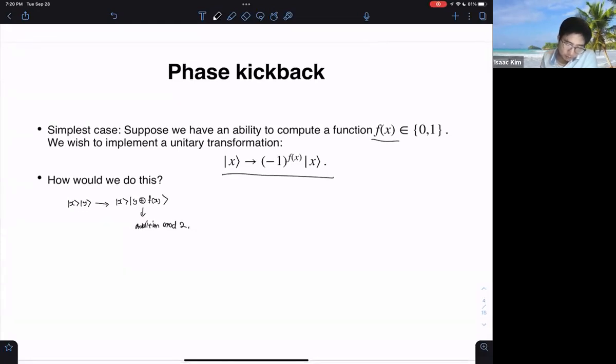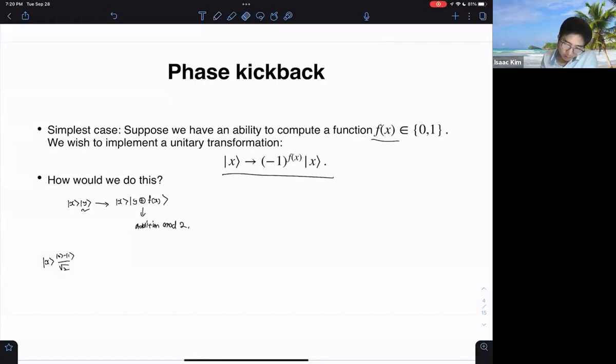So what you do is that you prepare this y state in a superposition state. You begin with an initial state, this state.